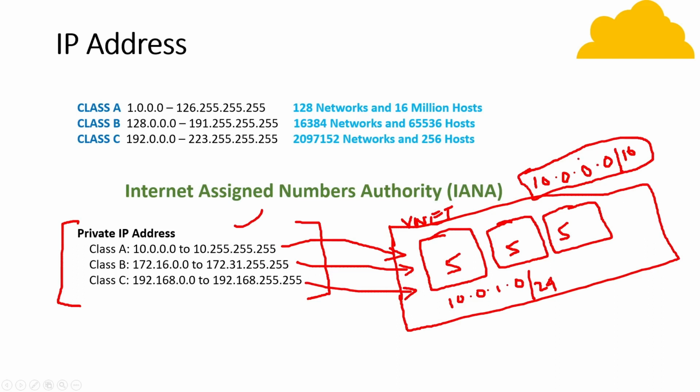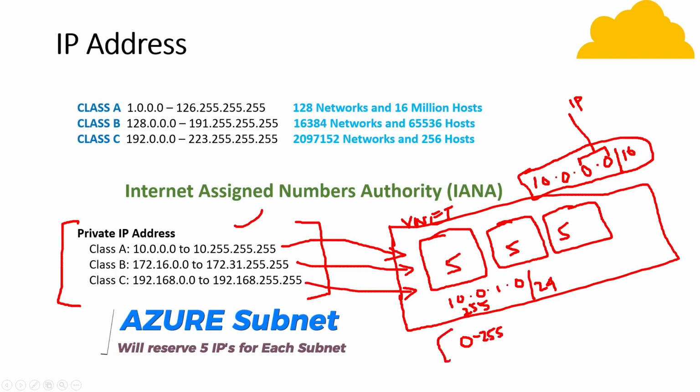So from the available range of IP addresses, from these total 65,000 IP addresses, I am breaking into 255 IP addresses for each subnet. Again, for IP addresses 0 to 255, you will be having some reservation of the IP addresses which we have seen.